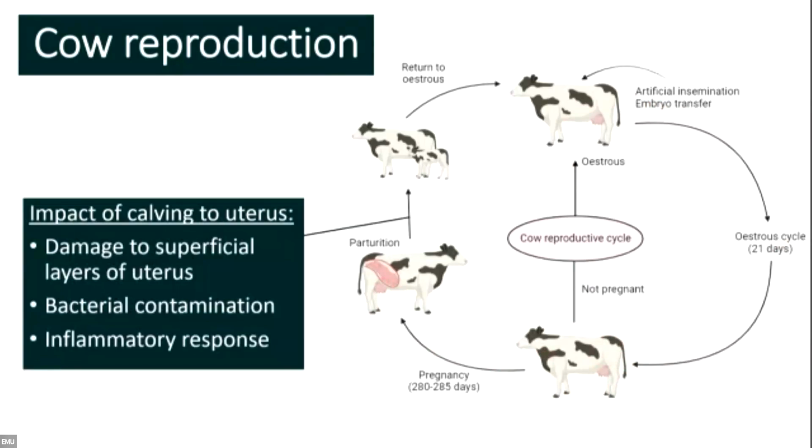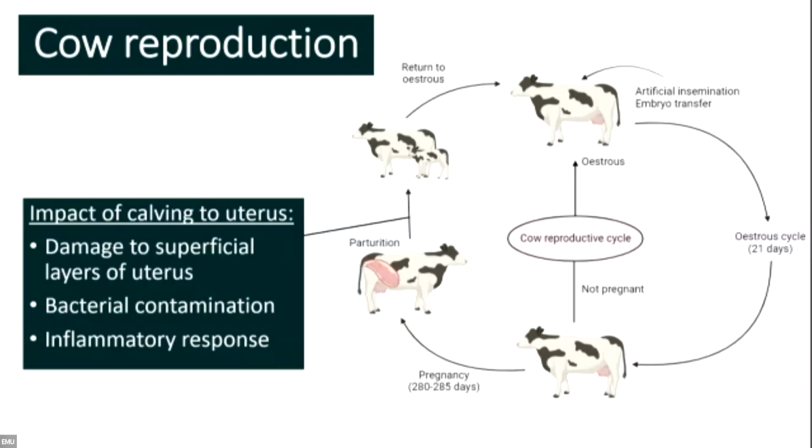This process can significantly impact the uterus, causing damage to the superficial layers of the uterus, bacterial contamination originating from the environment, and of course, an inflammatory response to these pathogens.